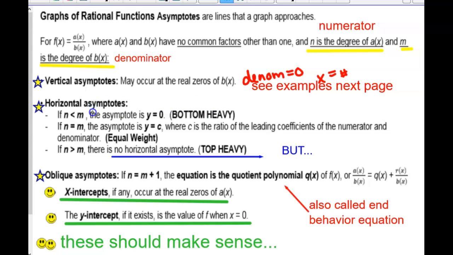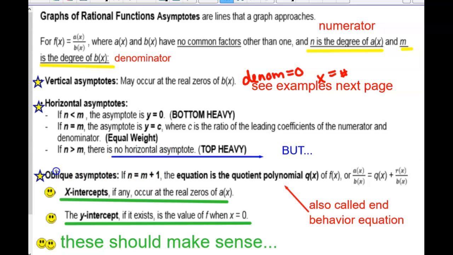Horizontal asymptotes occur if it is bottom heavy, in other words, the degree of the denominator is greater, then it approaches y equals 0. If they are what's called equal weight, then you have to take the leading coefficient and divide it. If the function is top heavy, in Algebra 2, even Honors Algebra 2, I believe, you just learned there was no horizontal asymptote.